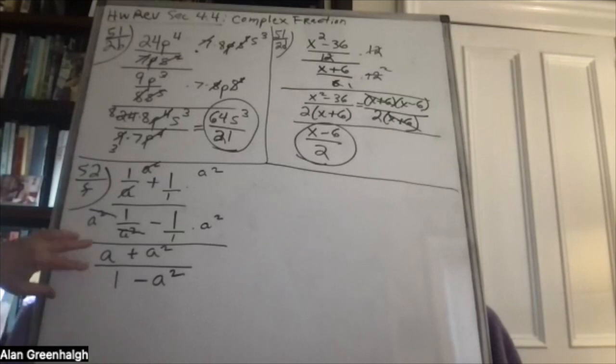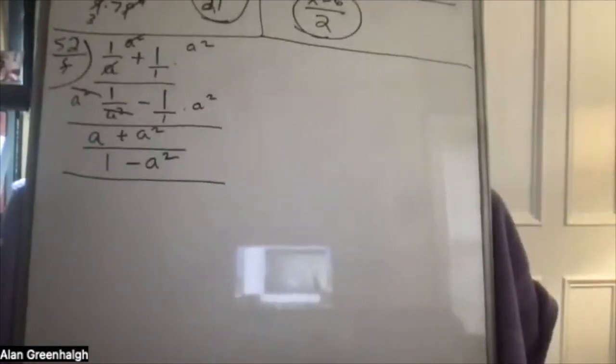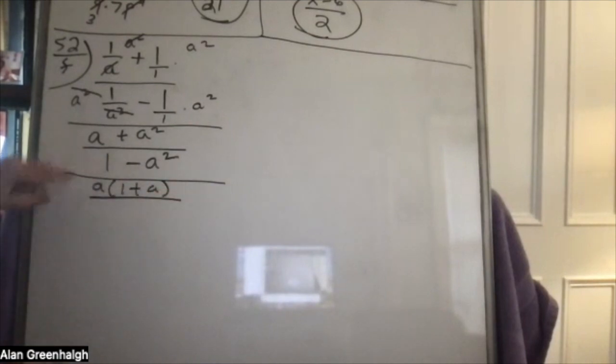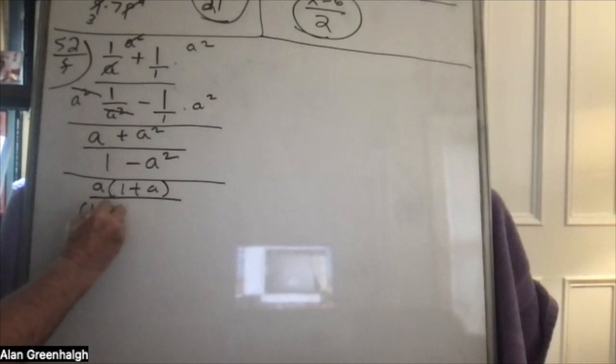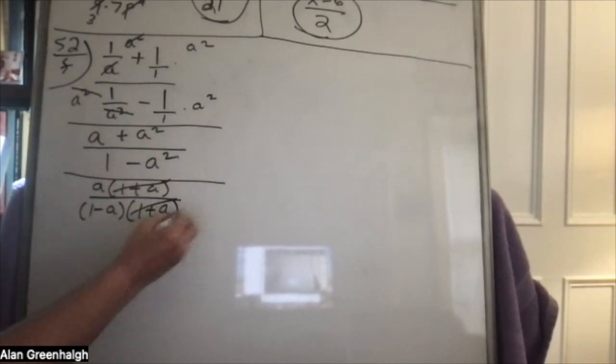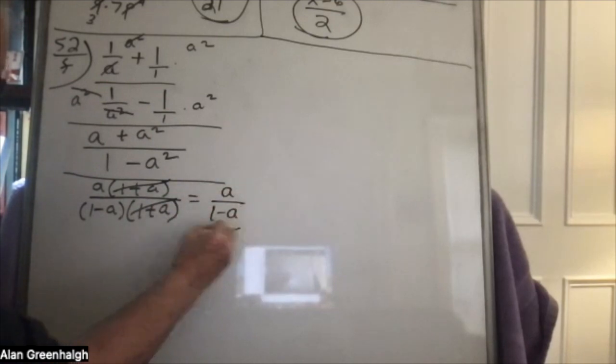Okay, now it seems to me this could be factored up here, so let's do that. And we get a times 1 plus a divided by, and let's factor that, 1 minus a and 1 plus a. And you can see where this is going, right? Let me just, as I'm going along, I'm checking. And now cancel this out. And I believe the answer is a over 1 minus a.